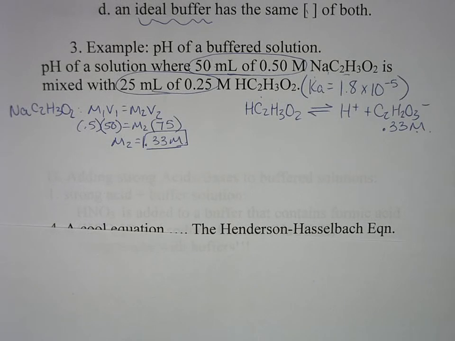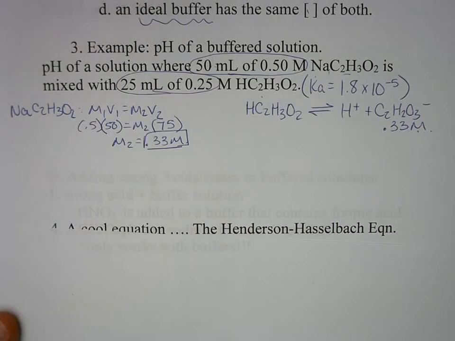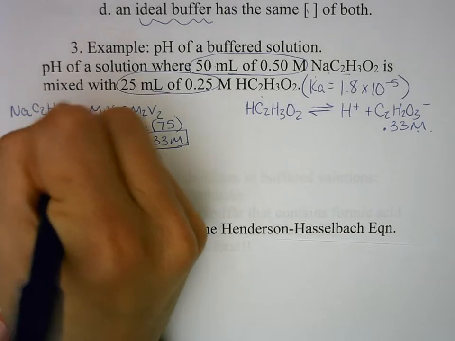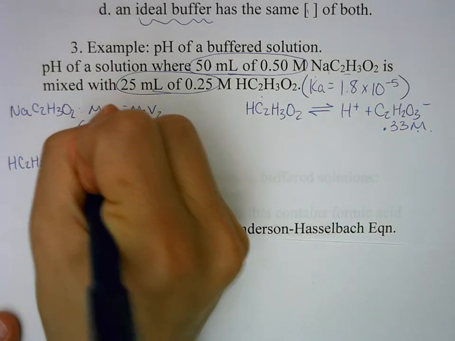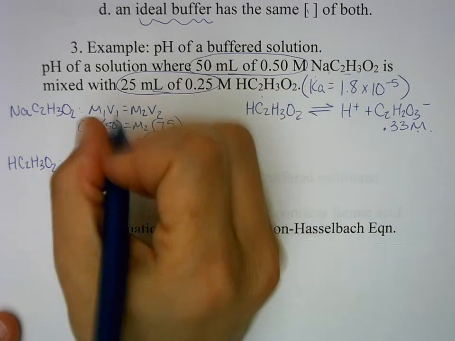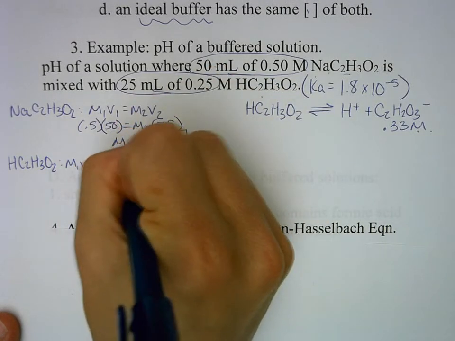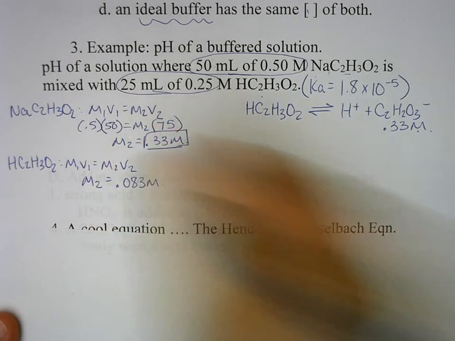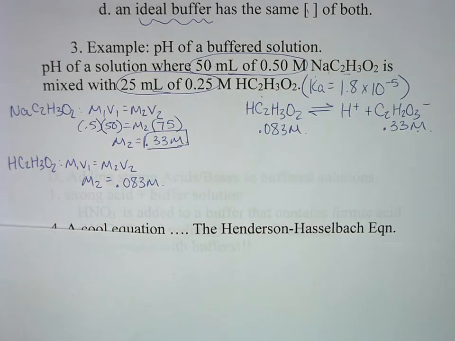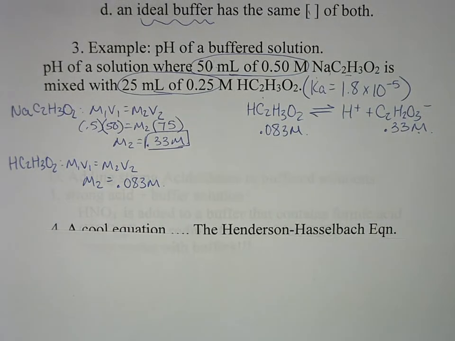And then if I do the same thing for acetic acid, and I do M1V1 equals M2V2, M2 will equal 0.083 molar. Okay, this is 0.